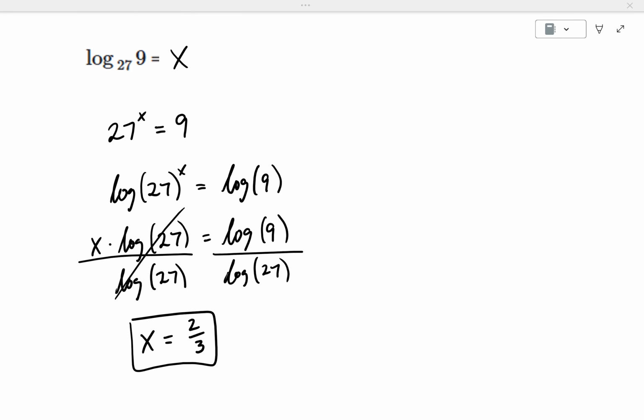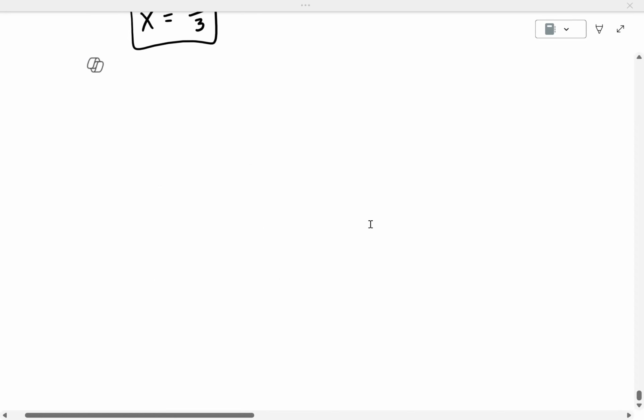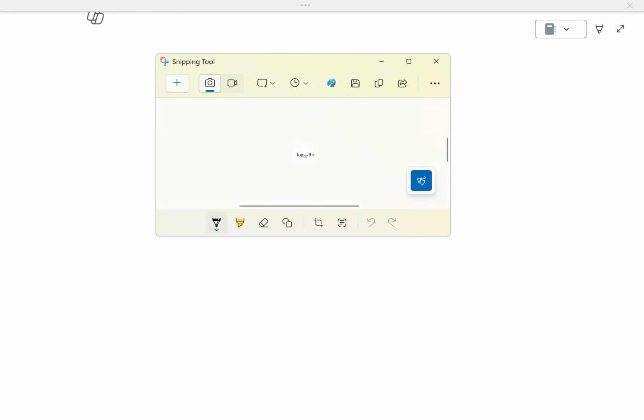advanced logarithms. The next part is getting us to think about how do we write an exponential equation as a log, and how do we write a log as an exponential equation? We already did this one of the ways.